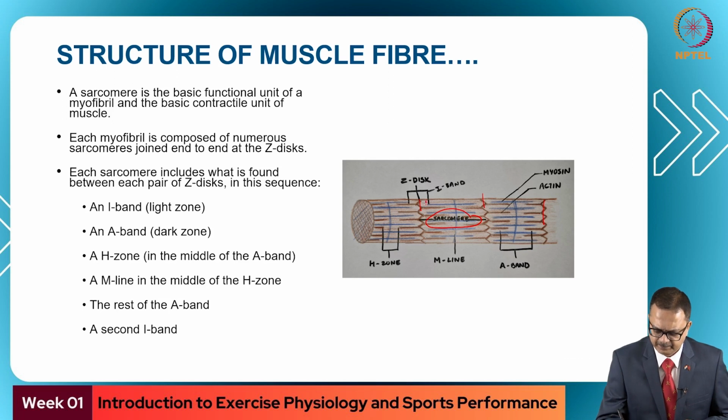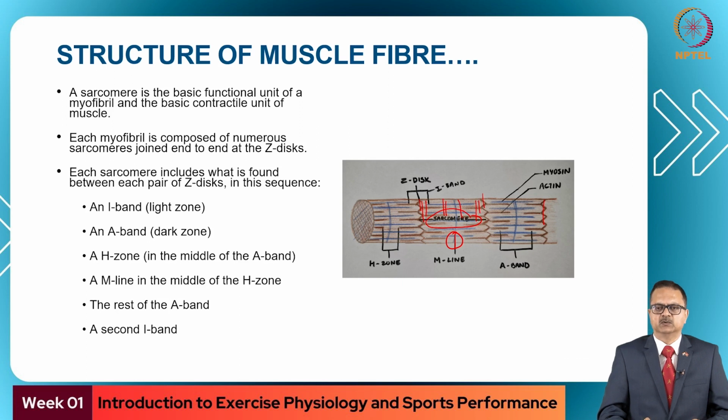An I band, which is this band here, an A band, which is this dark zone here, an H zone in the middle of the A band, which is this zone here, an M line which is there in the middle of the H zone, the rest of the A band and the second I band. This is the structure of a sarcomere.